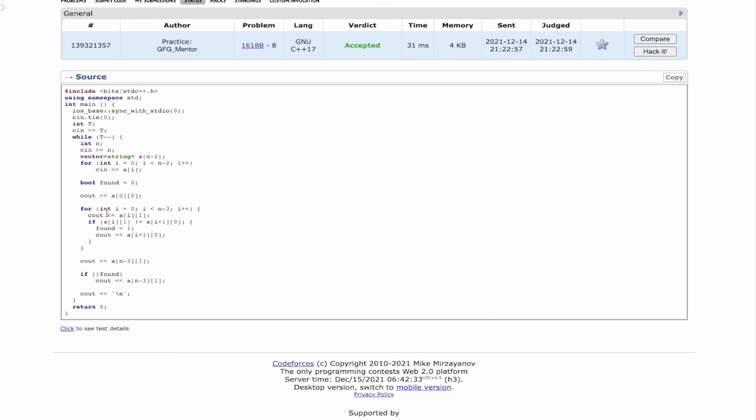After that we would print the last letter of my ith bigram, and if the last letter of my ith bigram does not match the first letter of the i plus 1 bigram, we have to append that letter which is not equal. So it would be a[i+1][0], because we have already printed the last letter of my ith bigram. And we also have to set found equal to 1.